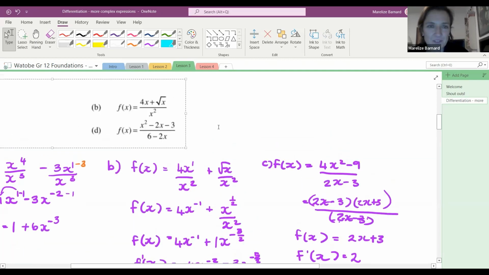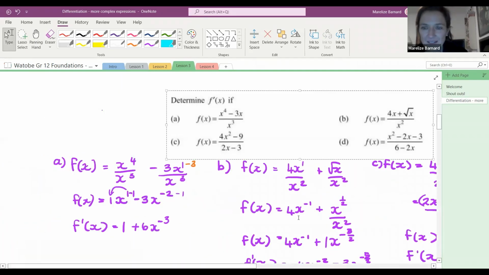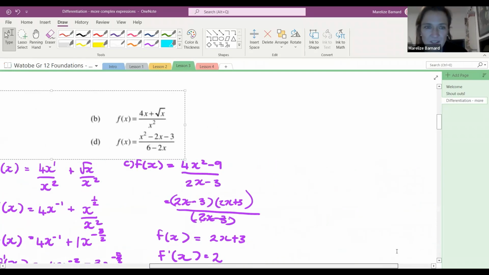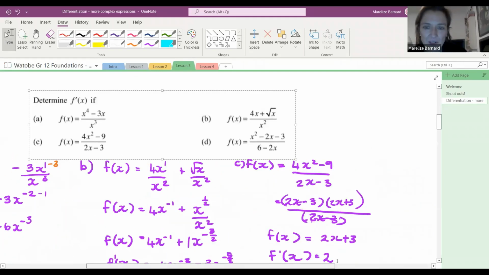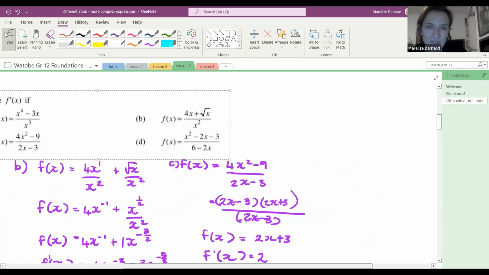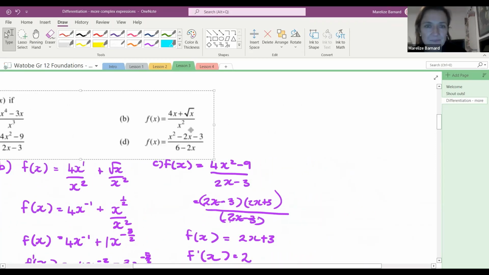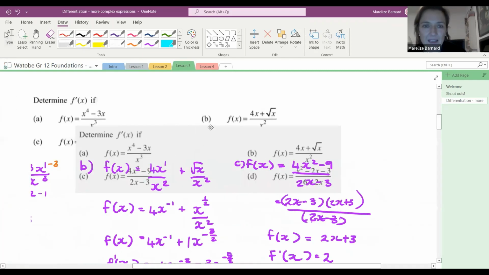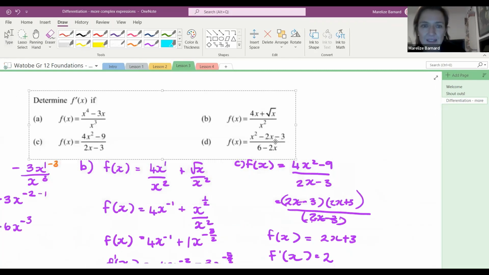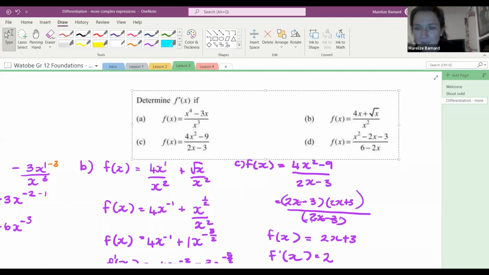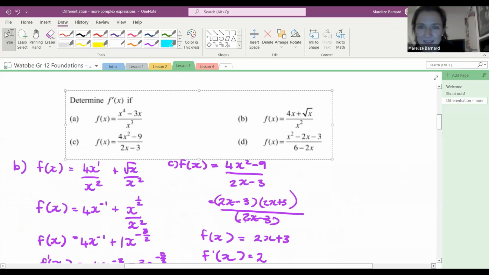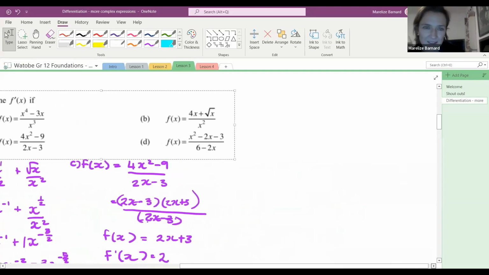I'm just going to move this over so that we can see it on the side of the board. Question D, give it a go. This is the challenge of the evening, definitely. So if you get this one right, you can definitely give differentiation a tick, because then you are ready for that prelim paper, guys. It is around the corner.